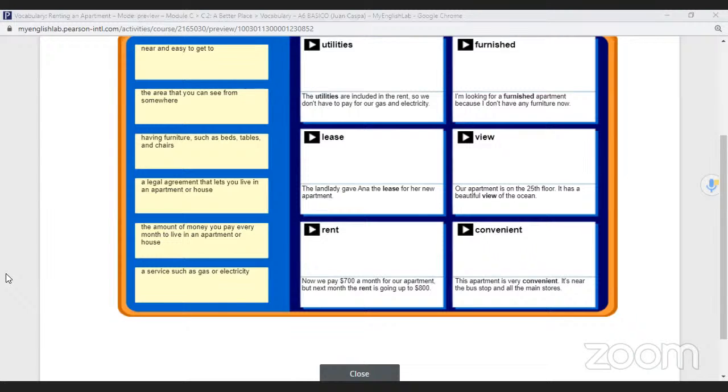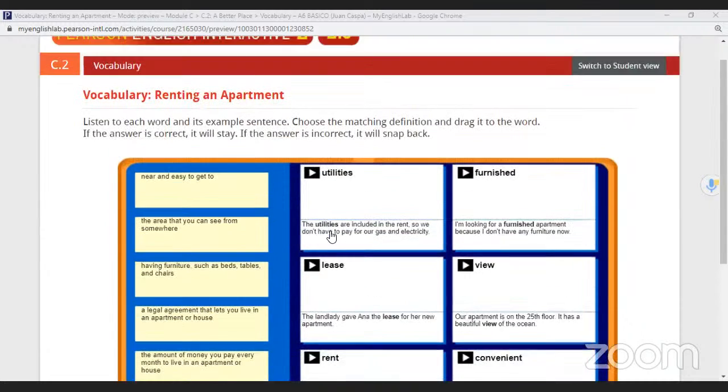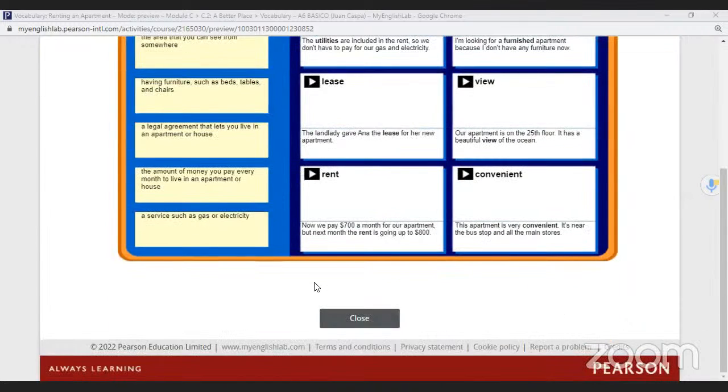It's going to be expensive, the rent, right? The money you pay. And how about convenient? It's always very convenient. It's near the bus stop, all the main stores. Okay, and let's continue with the next one, by the way.